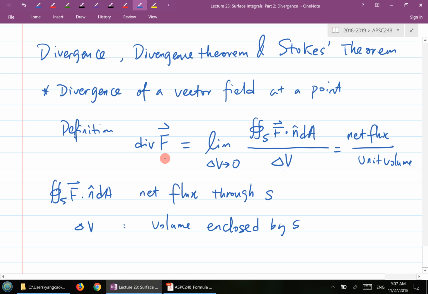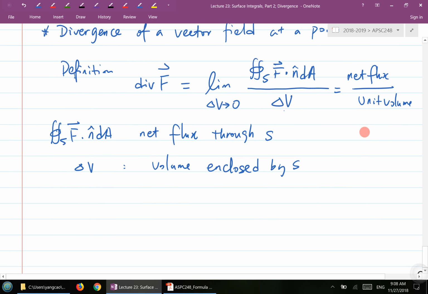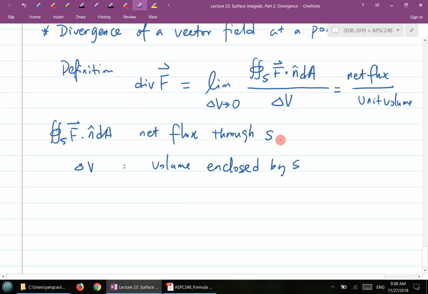Very much like the definition of the other one, the circulation density. If you recall, it's the limit when you take the ratio between the circulation over a certain curve and the area enclosed by the curve. The circulation density is the curl dot n hat, which gives you the circulation density. So here, net flux over the unit volume gives you this flux density.